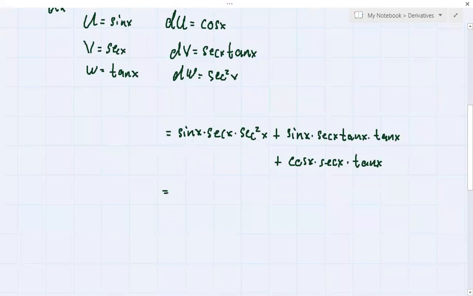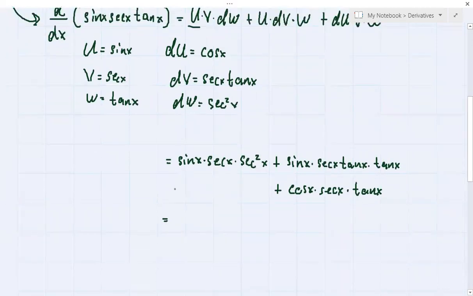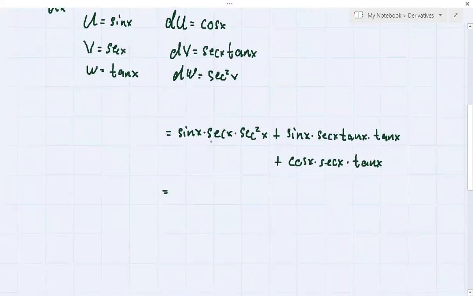Now let's simplify. Okay? So, in here, remember na si secant x is the same as 1 all over cosine x. But before that, ipag-multiply natin muna sila. So, sin x times secant x times the square of secant x, magiging ano na to? Sin x times the cube of secant x. Okay?